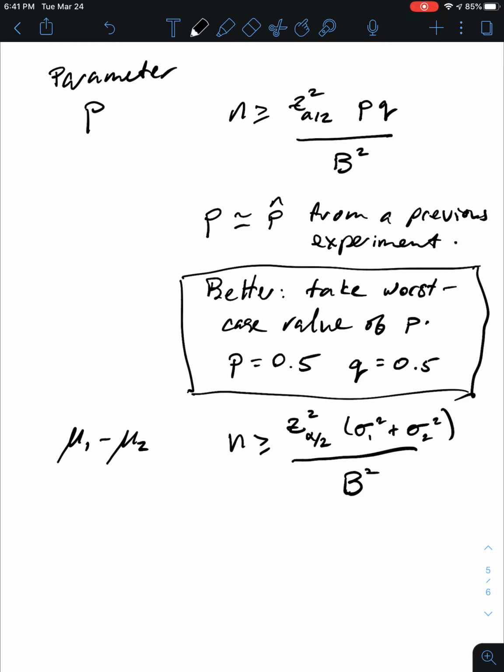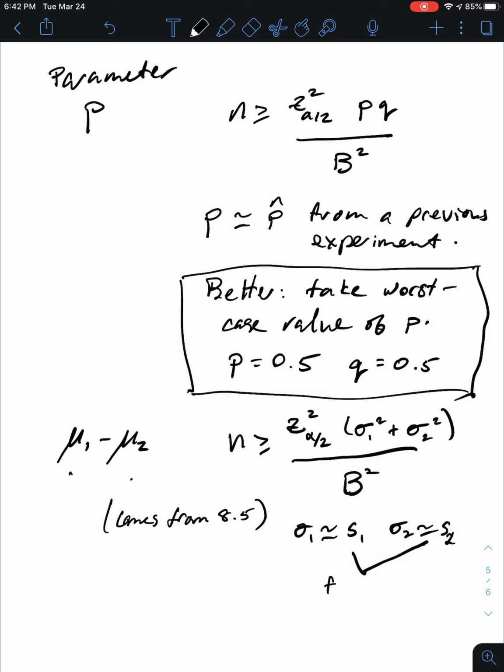Remember that there are two populations involved, and we're taking the difference between two population means. This comes from section 8.5 in the textbook, if you want to review that. In that case, we have two standard deviations, and we, as usual, need to approximate them both. So sigma 1 is approximately S1, and sigma 2 is approximately S2, and the S's are both from previous experiments.